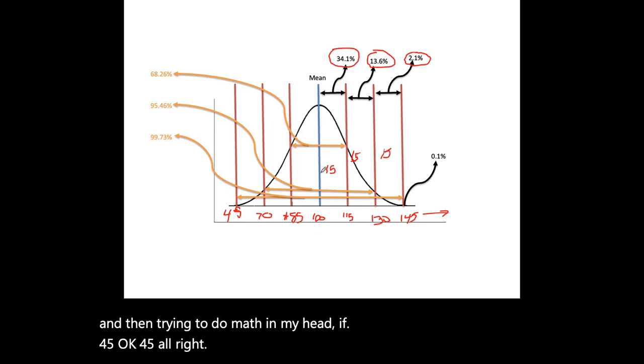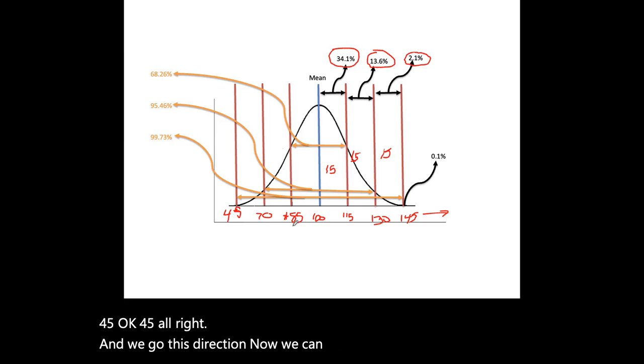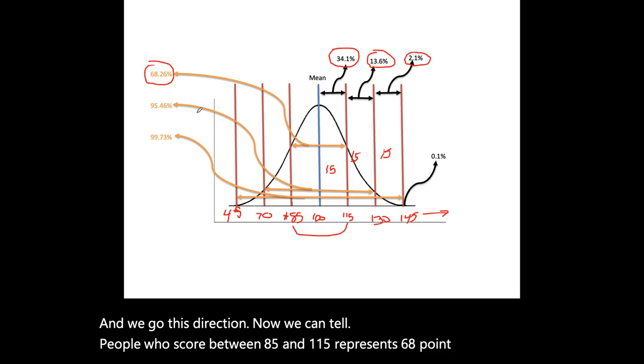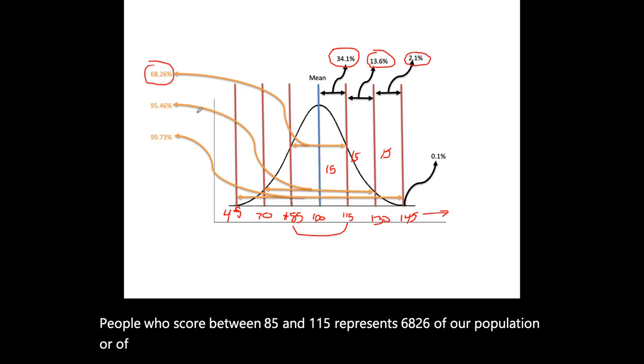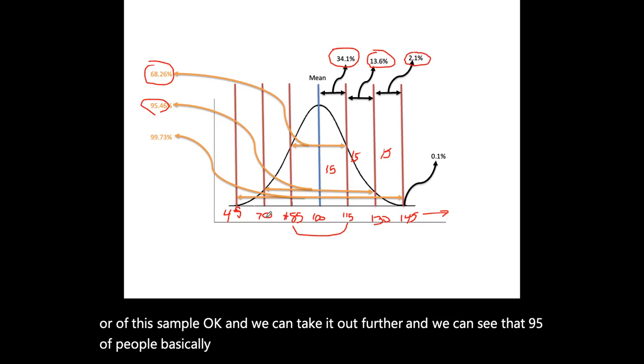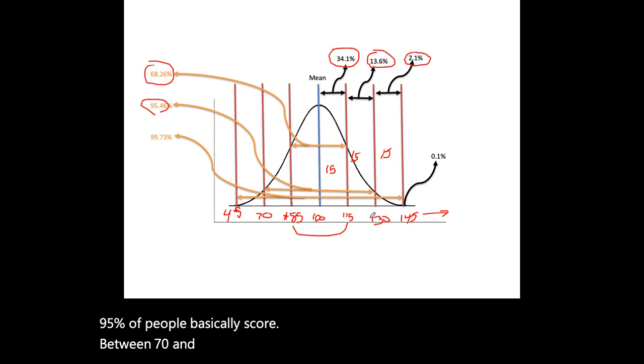And we go this direction. Now we can tell people who score between 85 and 115 represent 68.26% of our population, or of this sample. And we can take it out further and see that 95% of people basically score between 70 and 130. So this is kind of what the normal distribution can do for us.